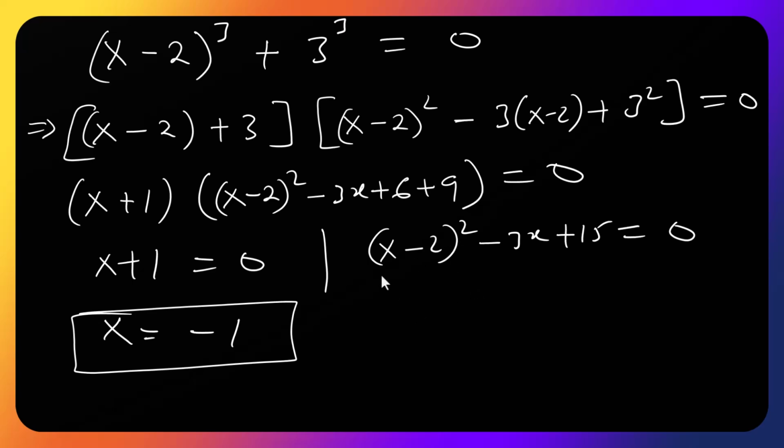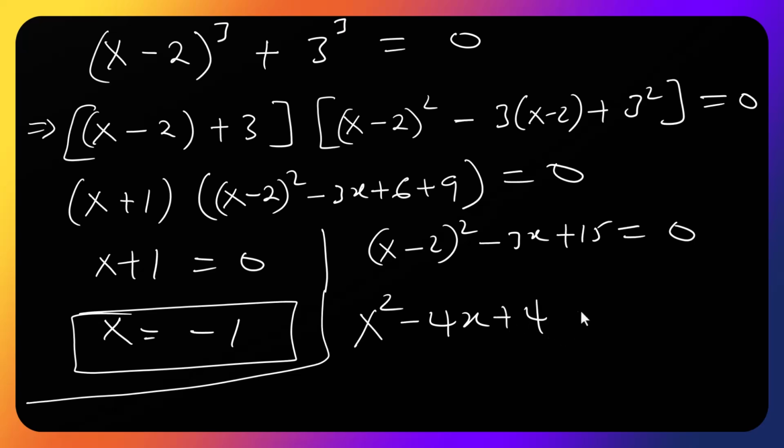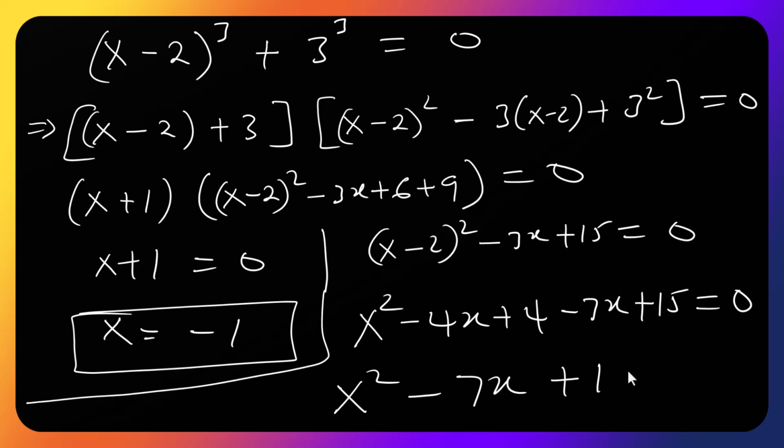Now let's work on this. So we can say that x squared minus 4x plus 4 minus 3x plus 15 equal to 0. So let's arrange it. x squared minus 7x plus 19 equal to 0.